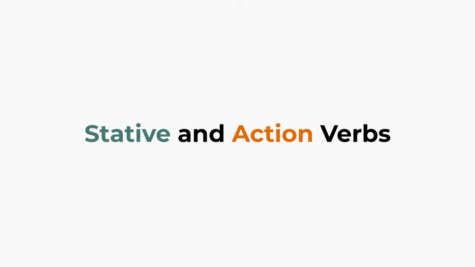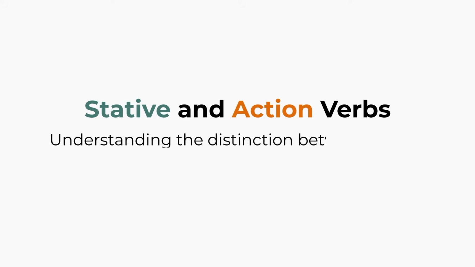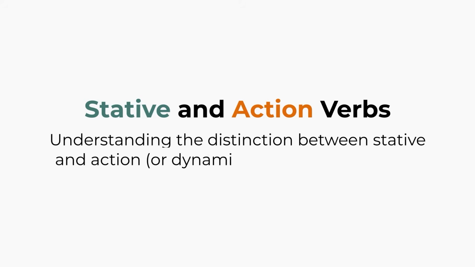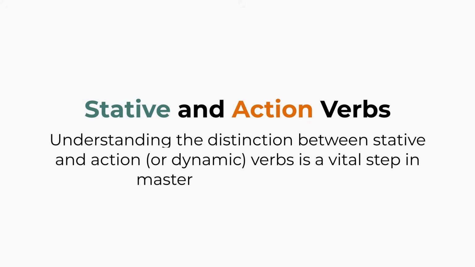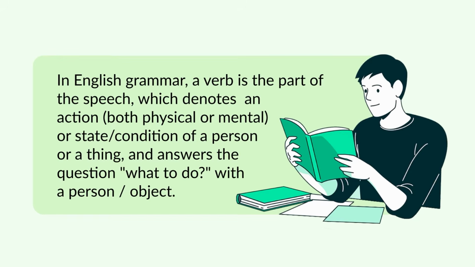Stative and action verbs. In the exciting world of English grammar, understanding the distinction between stative and action, or dynamic, verbs is a vital step in mastering the language. First, let's recall what verbs are. In English grammar, a verb is the part of speech which denotes an action, both physical or mental, or state/condition of a person or a thing, and answers the question, what to do with a person/object.